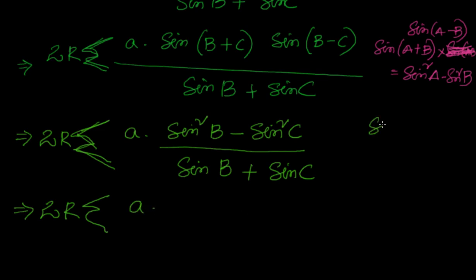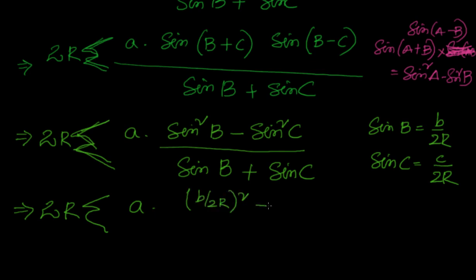So sine square b, what it will become? B by 2r whole square minus c by 2r whole square divided by b by 2r plus c by 2r.